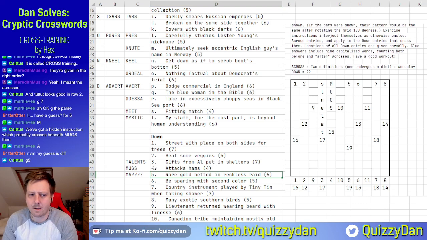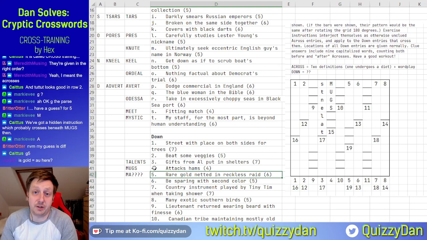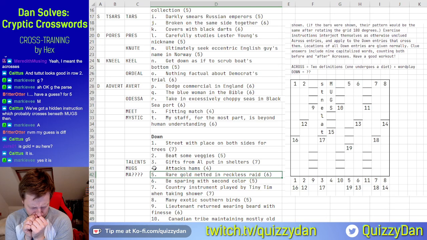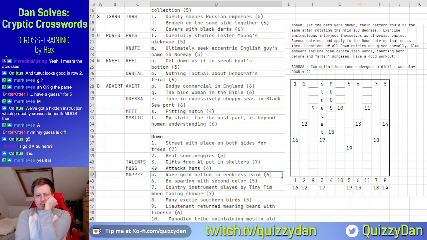Well, Catus now has it. Bitter Otter is not. You and me both. Let's ask that. Is gold equal to AU here? It is. Okay. Where's that M coming from? So rare and gold. So is it going to be MAU?